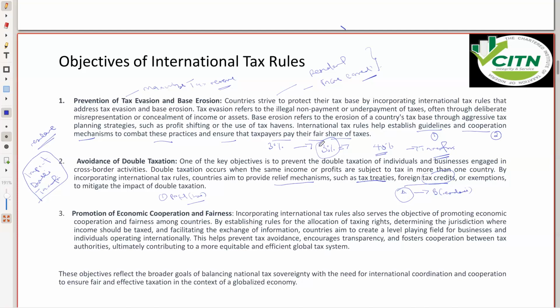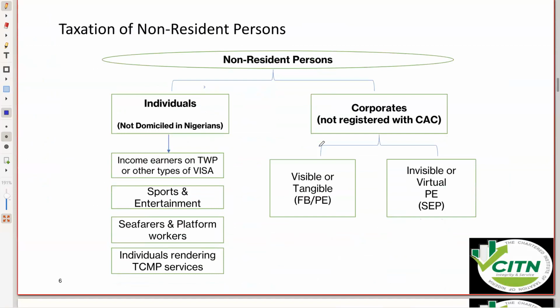But when there is cooperation, you can exchange data. So country A could exchange data with country B, and country B with country A. And that would ensure that there is fair distribution of tax between the various jurisdictions, both where the money is earned and where the business or individual is resident. So those are three key objectives of international tax rules, and why countries will typically push for that.